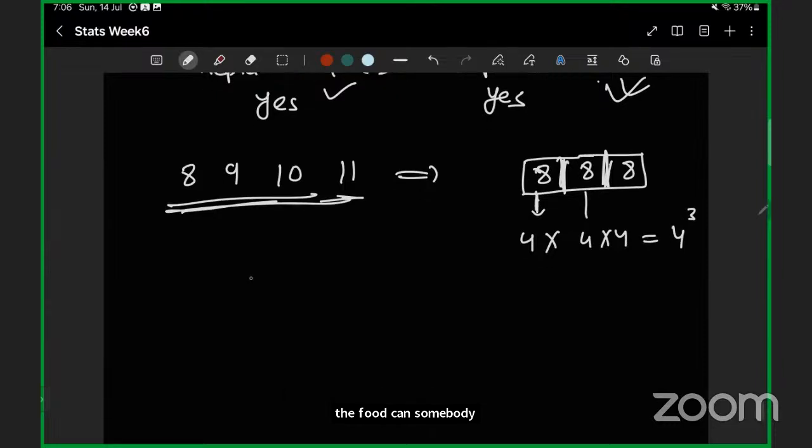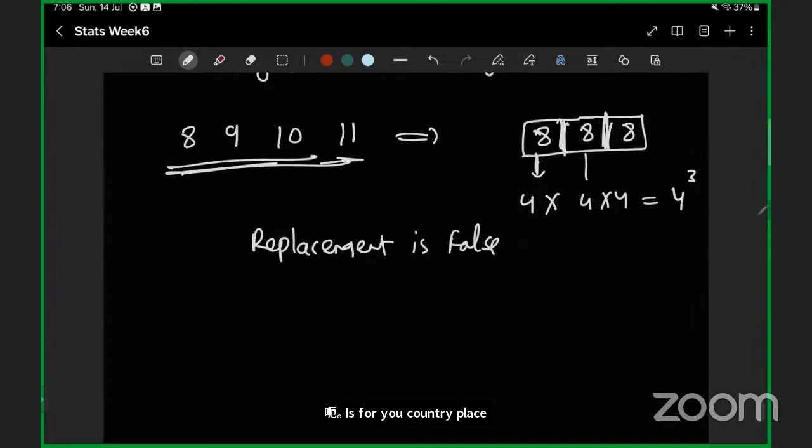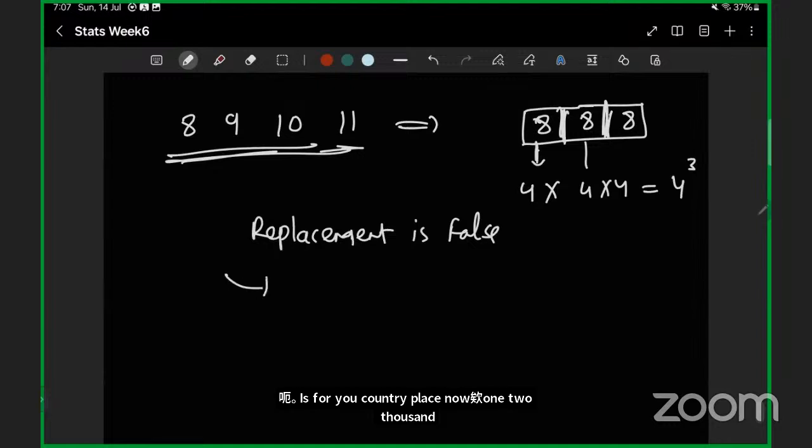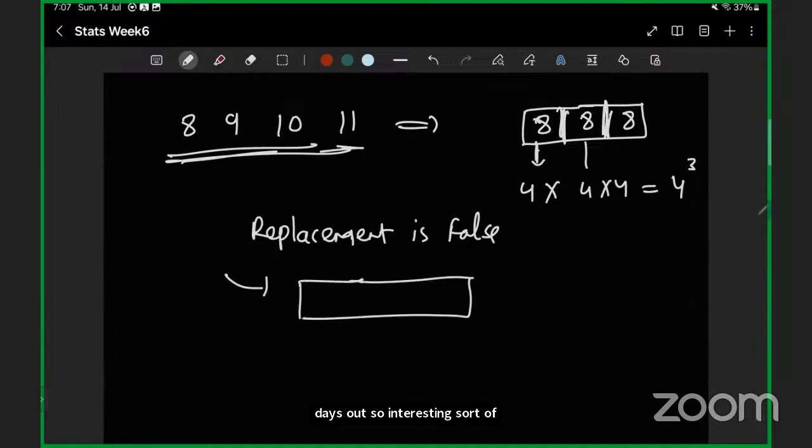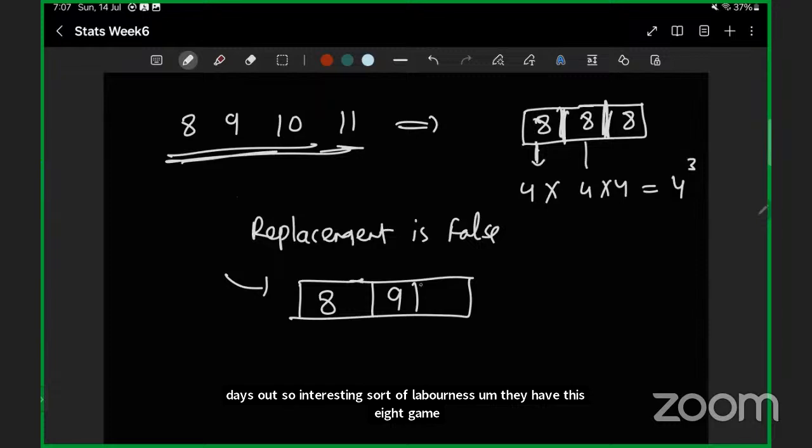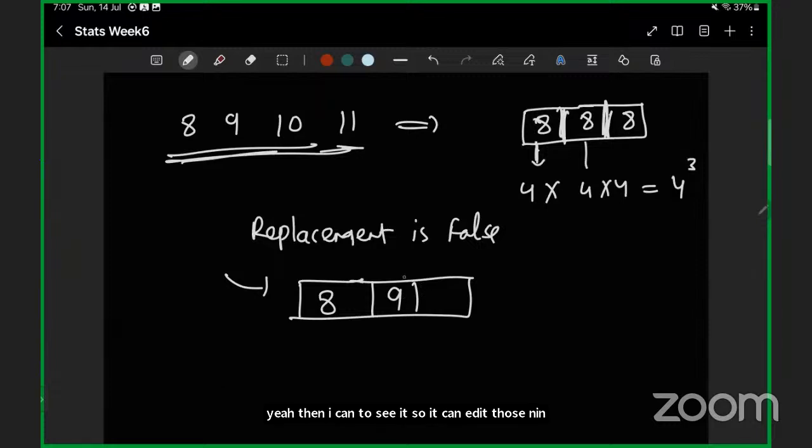And what if replacement is false? Like you can't replace now. Once you have chosen, that's all. So if 8 came here, then I can't choose 8 in the next position. I can choose 9, 10, or 11. And if 9 came here, then 8 and 9 are not possible now. I have to choose 10 or something.